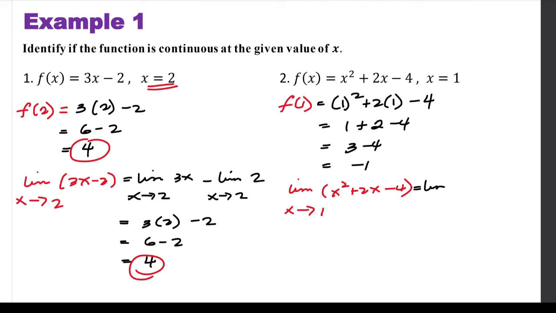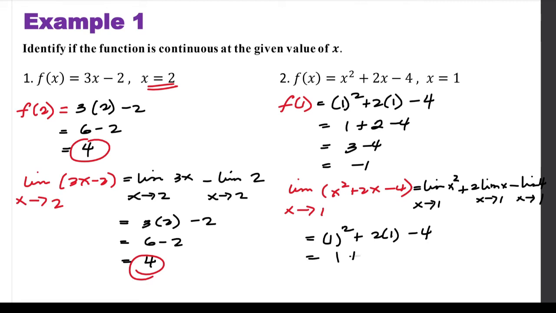So this would be the limit of x squared as x approaches 1 plus 2 times the limit of x as x approaches 1 minus the limit of 4 as x approaches 1. And by substitution, we have 1 squared plus 2 times 1 minus 4. So 1 plus 2 minus 4, and this would be negative 1.